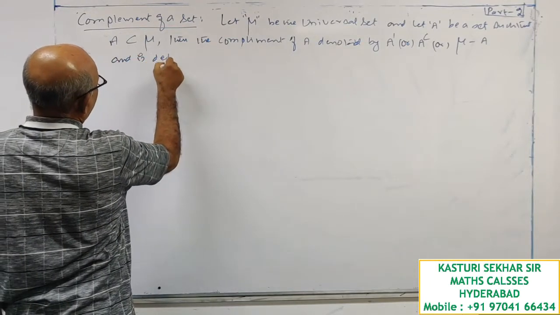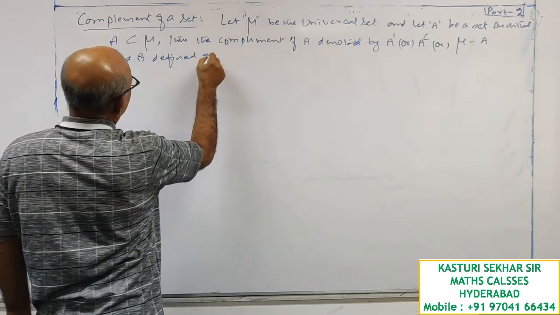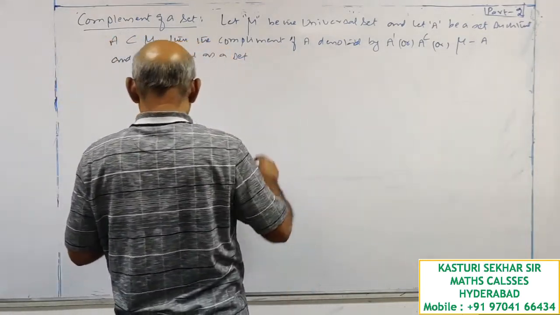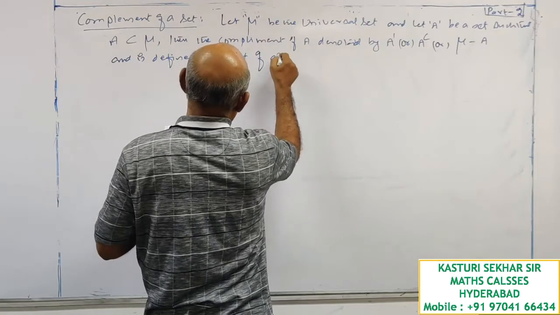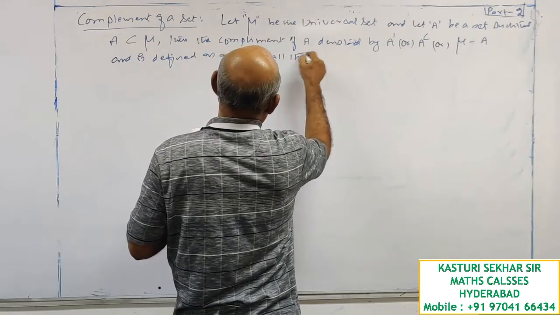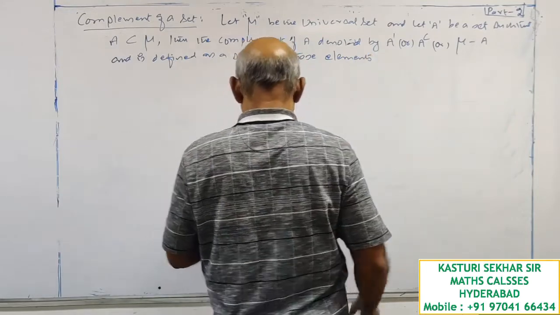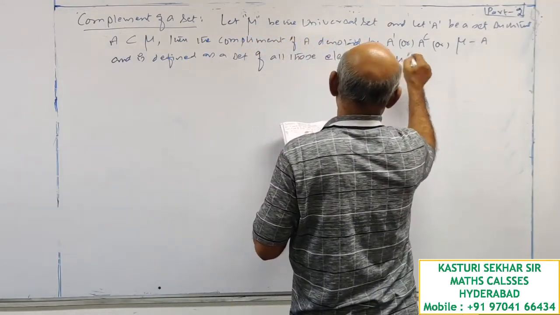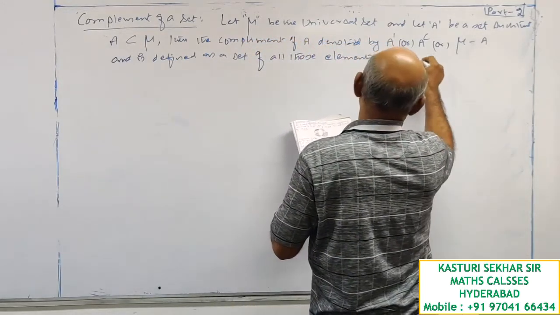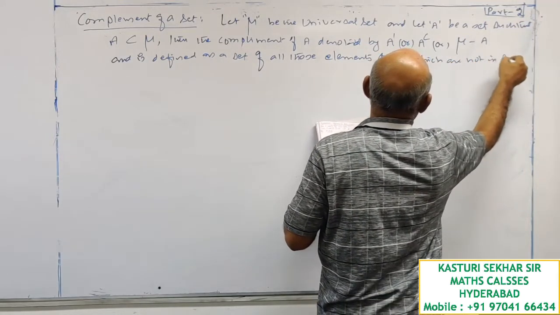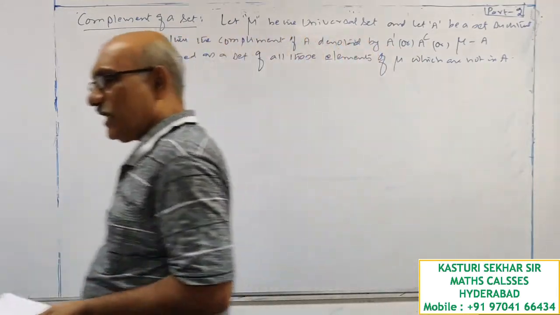And it is defined as a set of all those elements of mu which are not in A.